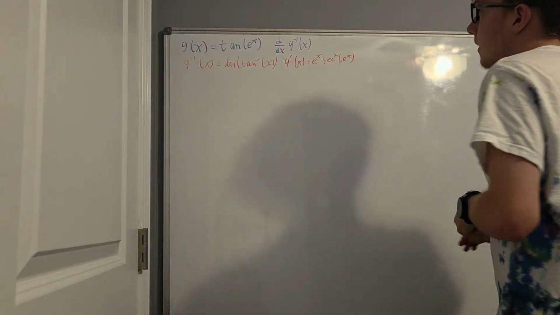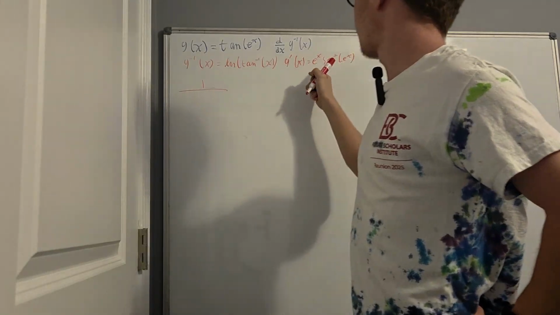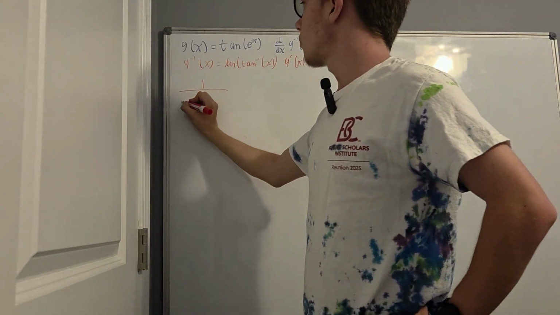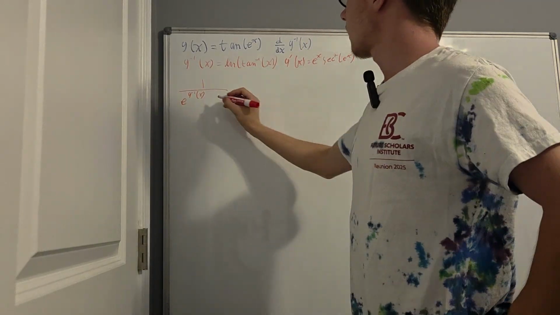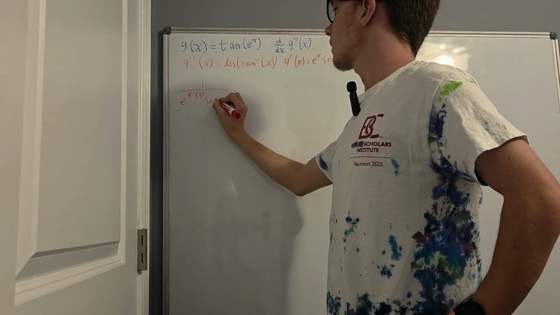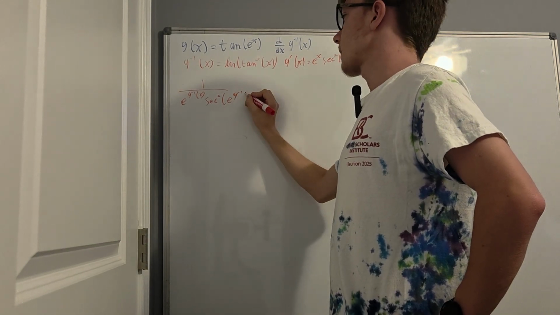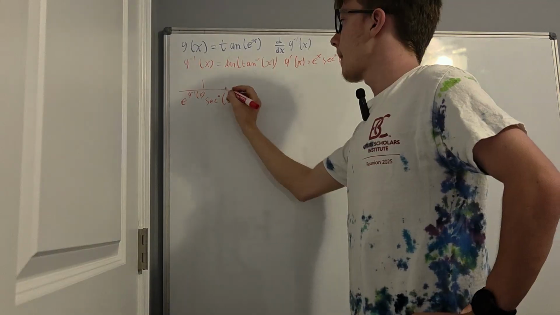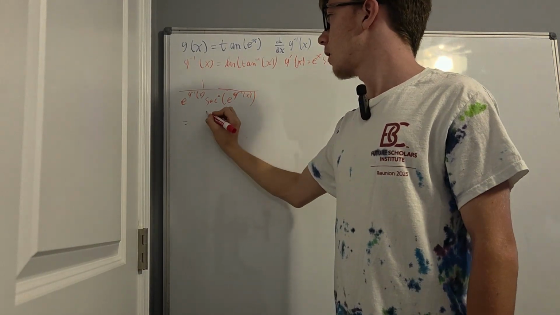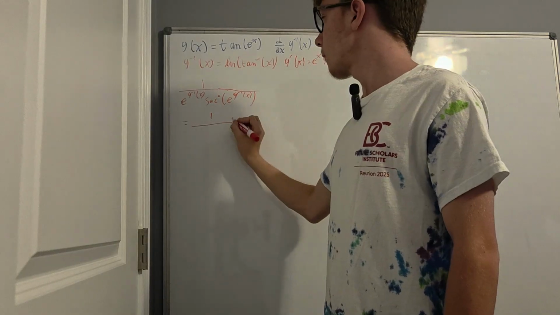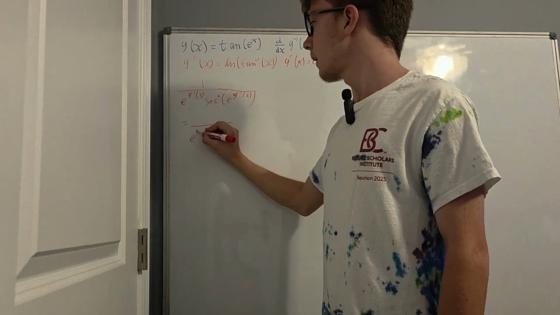Now we're just going to plug things in. And that means we're going to look at 1 over e to the g inverse of x. I'm going to fill that in later. And we have secant squared of e to the g inverse of x. Right? And that's just going to be equal to 1 over e. I'm going to put the 1 after just so I have room.